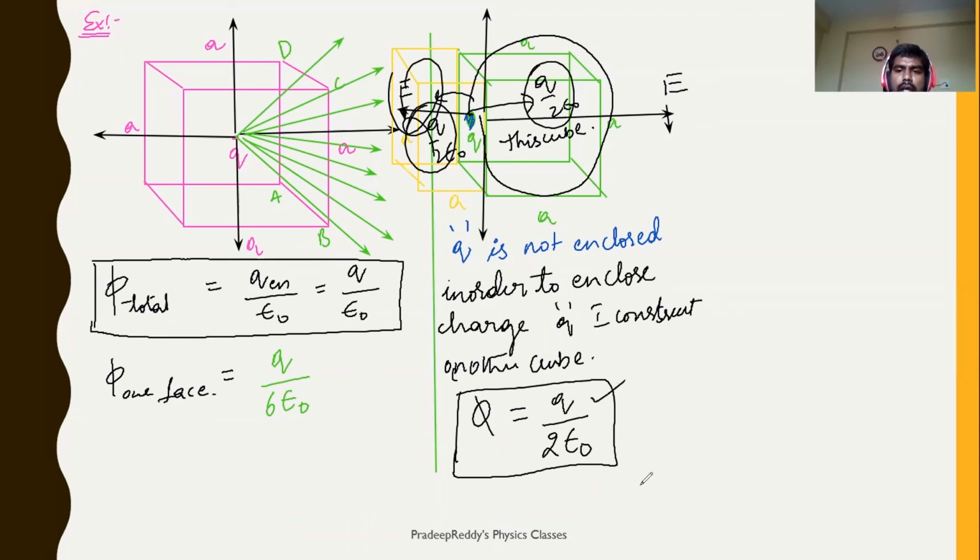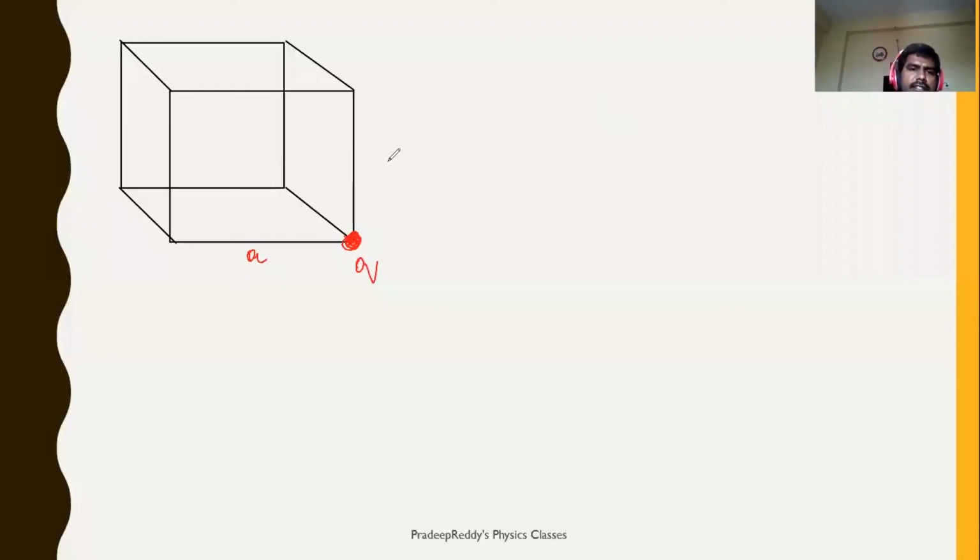Likewise, you can have one more example. Now let us take one more example. We have a cube. Now charge is placed at the vertex of the cube. In the first case, charge is at the center. In the second case, charge is at the face. And in the third case, charge is at the vertex.